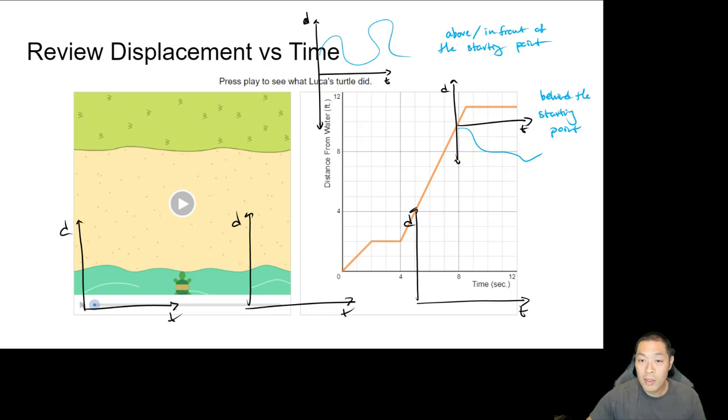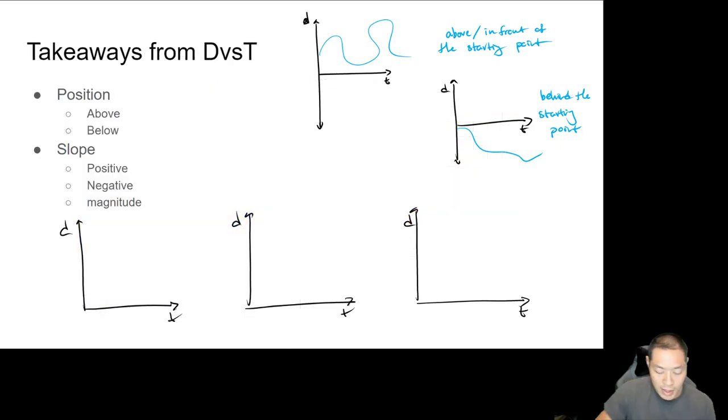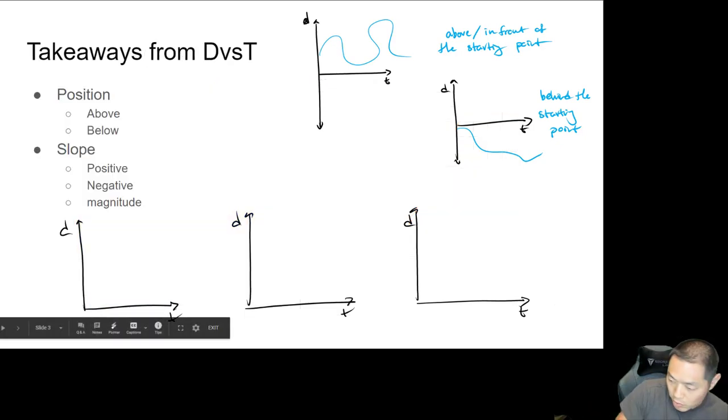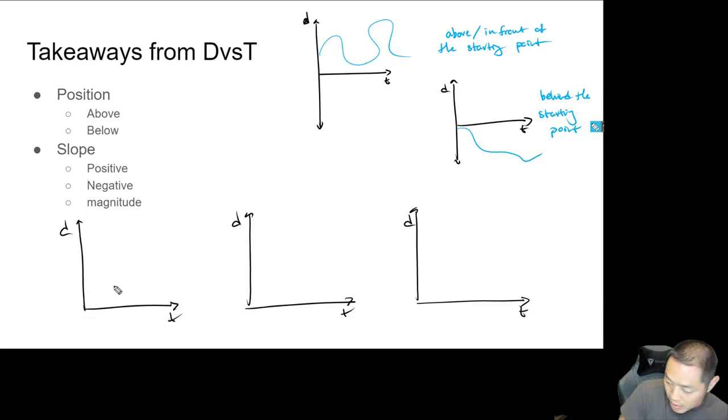So the slope here is always going up. So it could be like this, or like that, or even like that. These are all positive slopes. And what that means is it's moving forward.